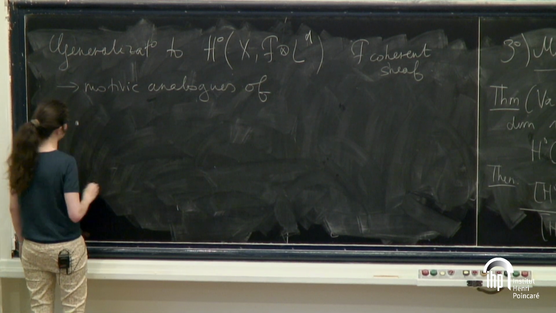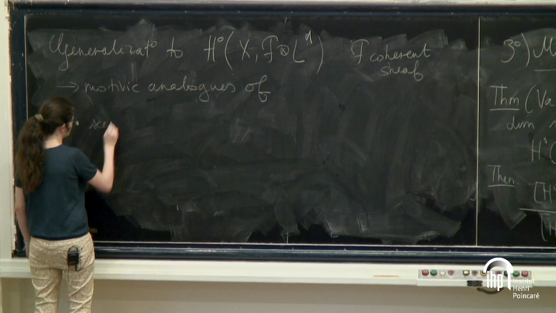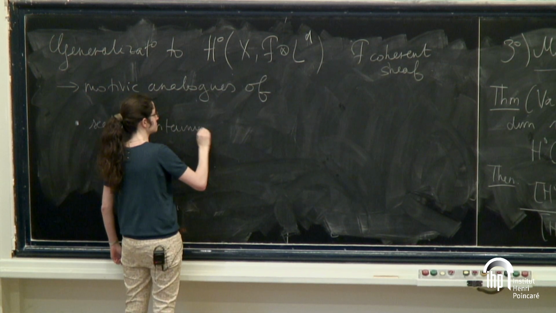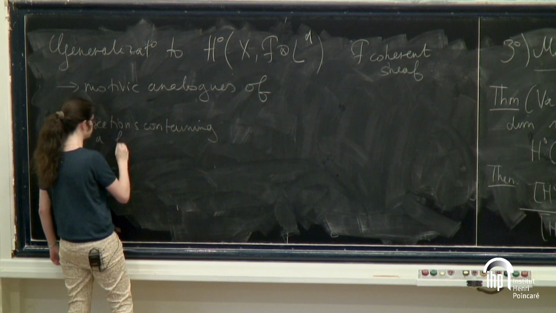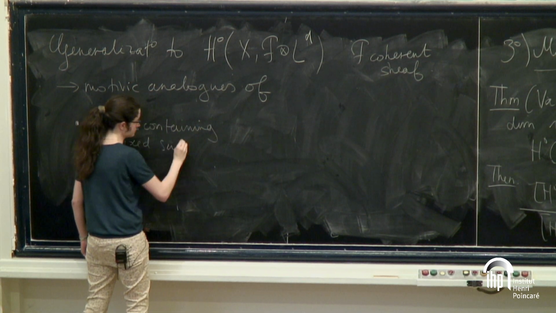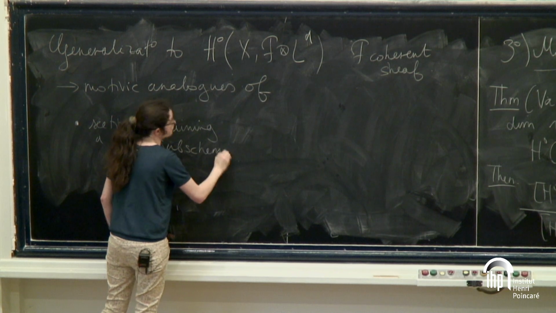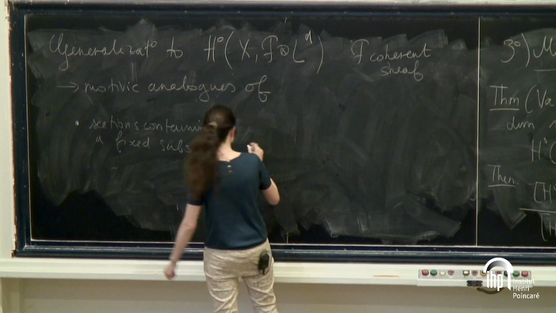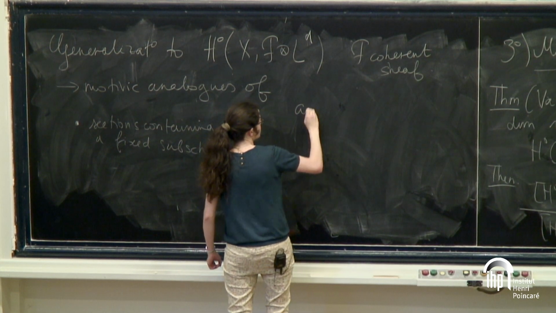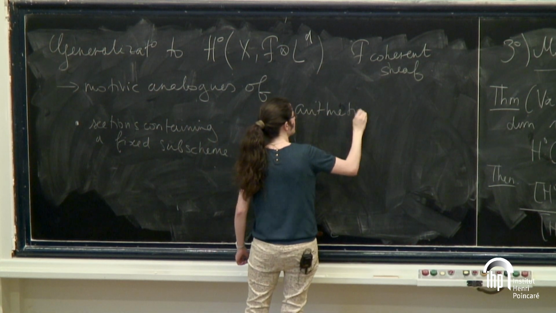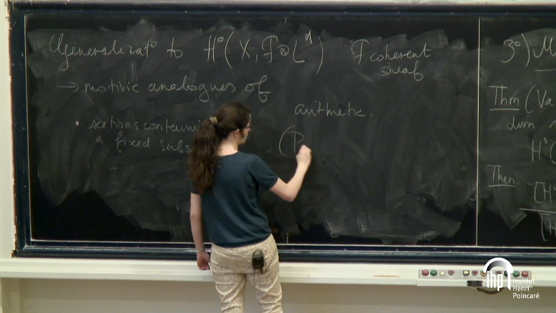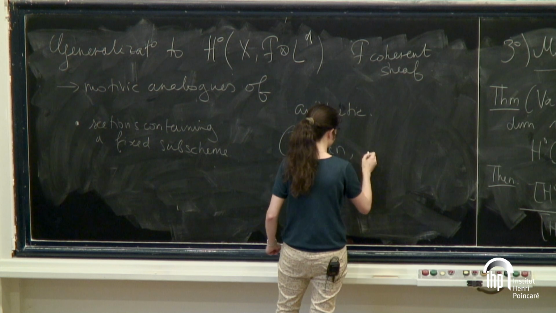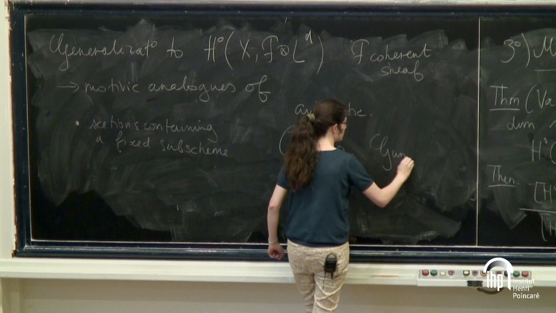So the first thing is sections containing a fixed subscheme. Here we'll just take the ideal sheaf of the given subscheme. In the arithmetic setting, this is due first to Poonen, who did the case where the subscheme is smooth, and then to Günther.